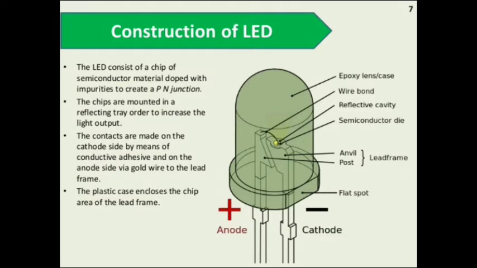The plastic case encloses the chip area of the lead frame. See here, this is the LED, light emitting diode. What are the components? Anode, cathode, flash spot, anvil spot, lead frame, semiconductor die.